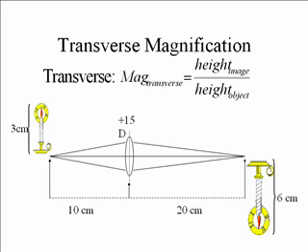Okay, so our rays of light are moving from the left side to the right side, moving horizontally on this sheet of paper or slide. The direction that we're going to measure the object and the image in, therefore, is in the vertical. And we refer to that as transverse mag, being the height of the image over the height of the object.